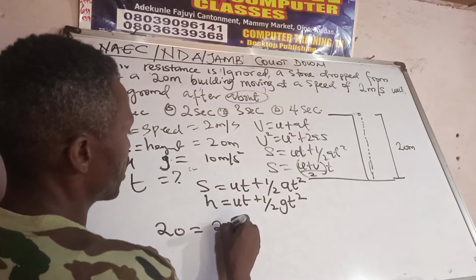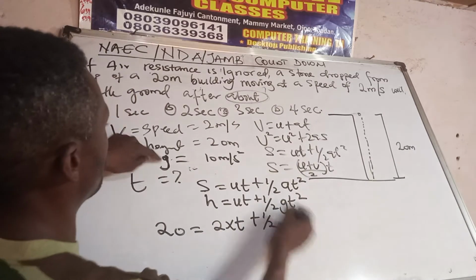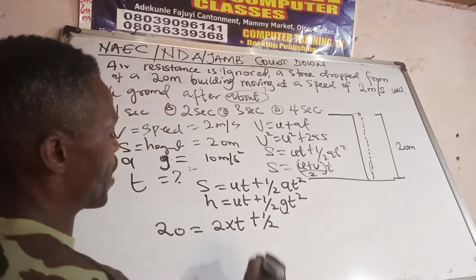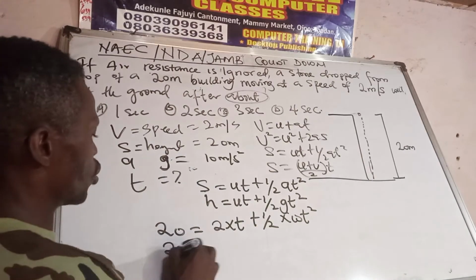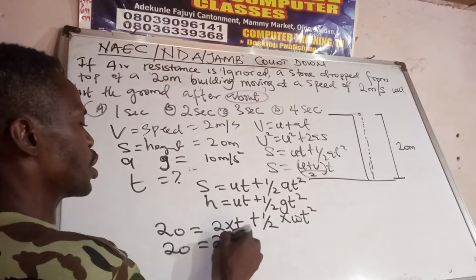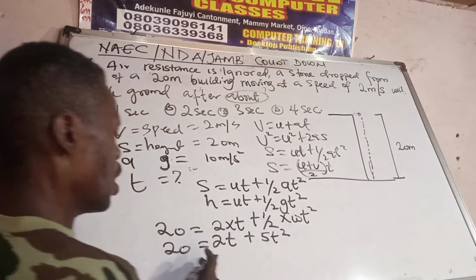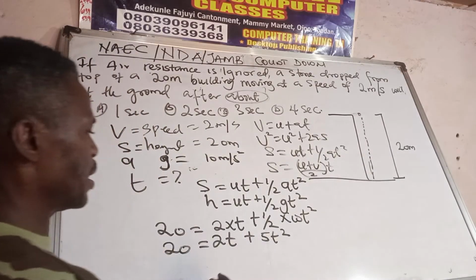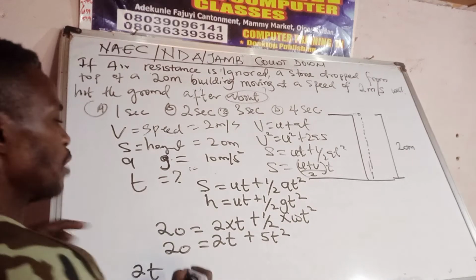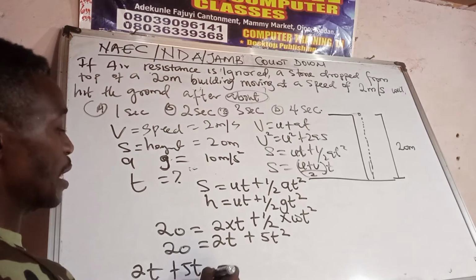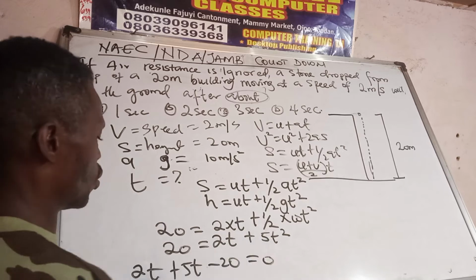That is 2 times T plus 1 over 2 times acceleration due to gravity, G, which is 10 meters per second squared, times T squared. So 20 equals 2T plus 5T squared. Bring it together: 5T squared plus 2T minus 20 equals 0.